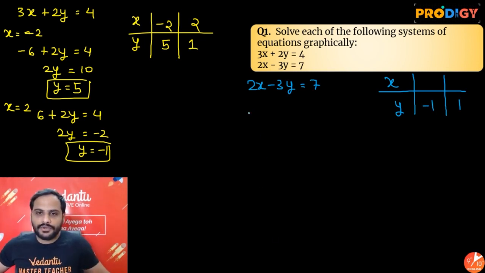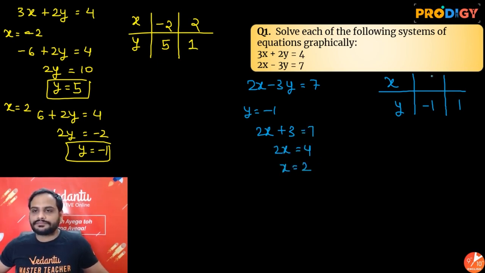If I put y equal to minus 1, I get 2x minus 3 into minus 1. Minus 3 into minus 1 is plus 3, since negative into negative becomes positive, is equal to 7. So 2x is equal to 4, x is equal to 2. Put y equal to 1: 2x minus 3 into 1, which is 3 only, is equal to 7.